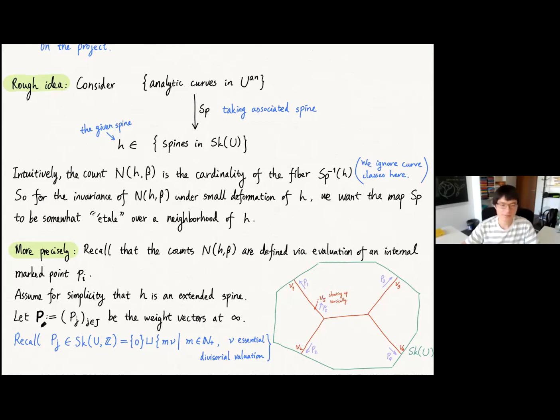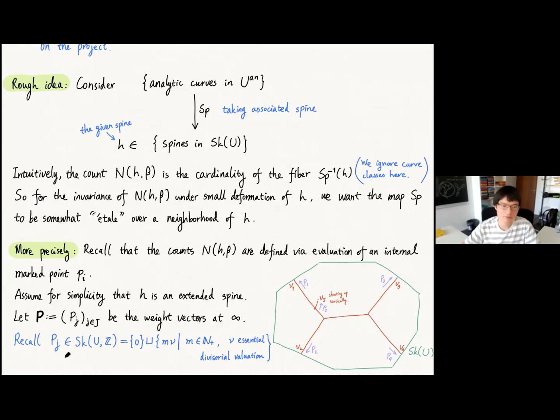Let the bold P be the tuple of weight vectors at infinity. So here we have P1, P2, P3, P4, P5. They are weight vectors at infinity, meaning just the derivatives. And if V5 is an internal vertex, this derivative P5 is just 0.